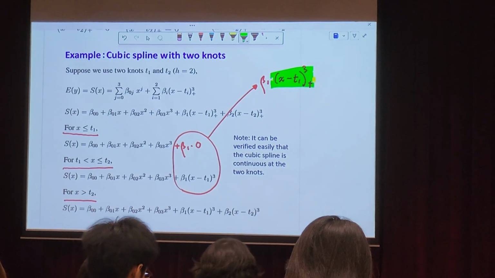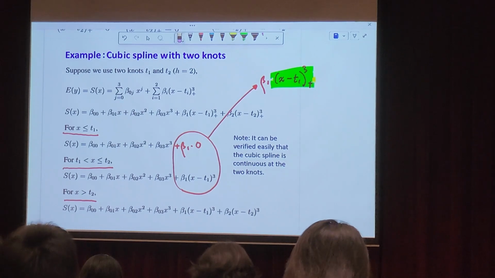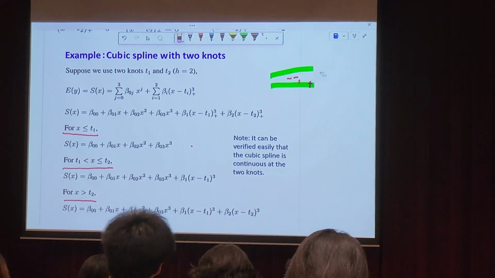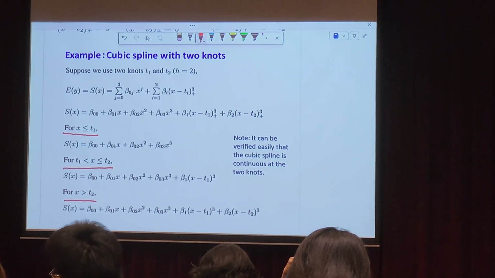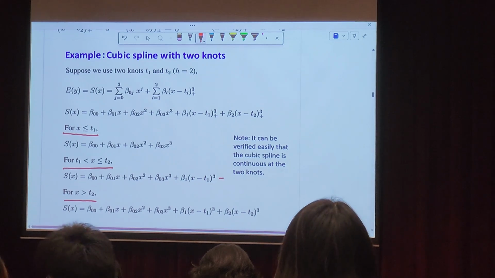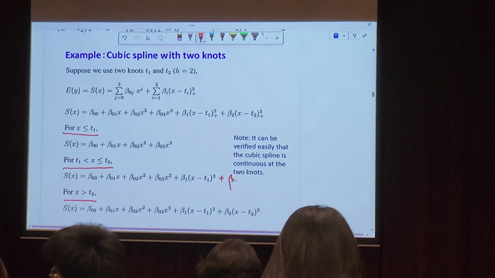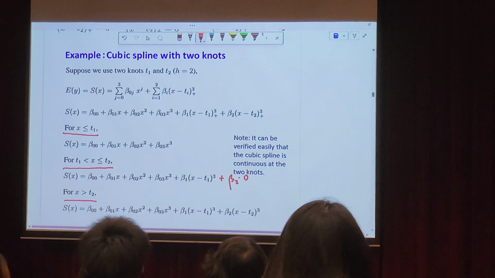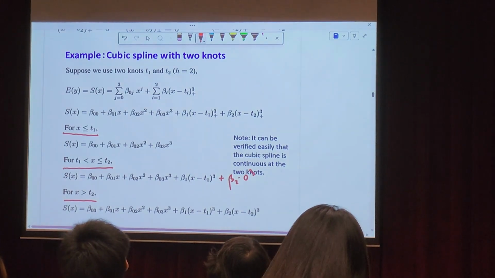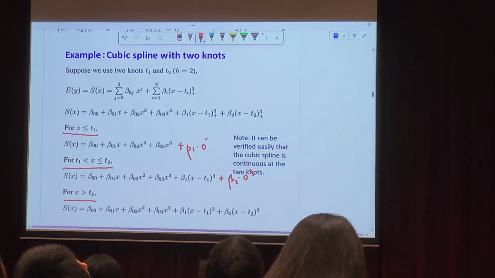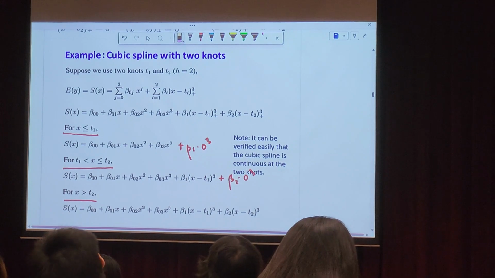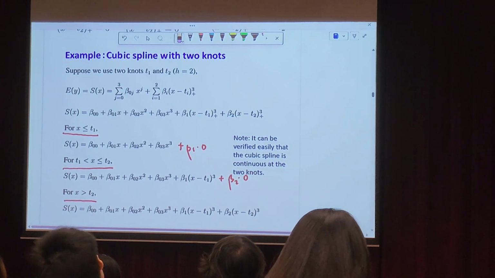So in other words, I actually need, so this one, I actually need beta 2 times 0 cube. This one I need beta 1 times 0 cube. Or just 0, I don't need this, okay?